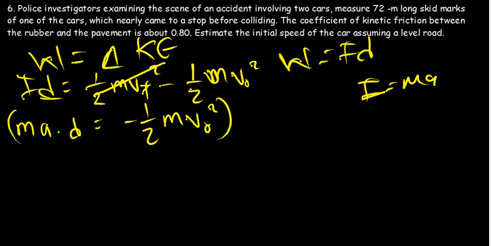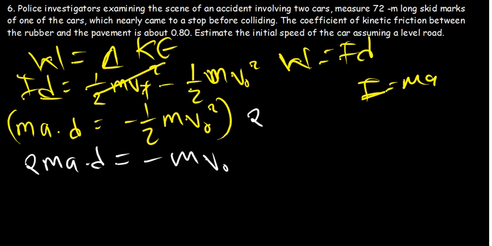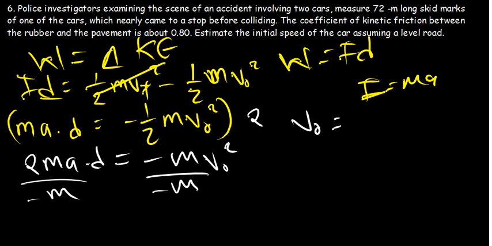Okay, if I do times 2, I'm going to get 2 mass times acceleration times d has to be equal to negative m v initial squared. Let's divide both sides by negative m. Then we are going to see that the mass will go.